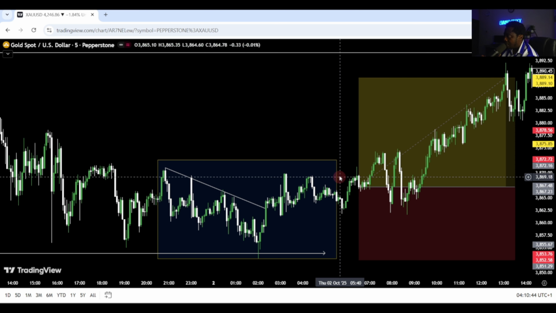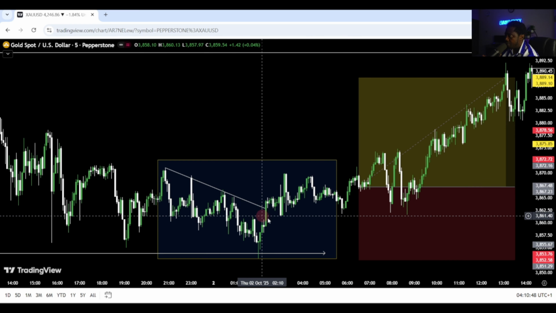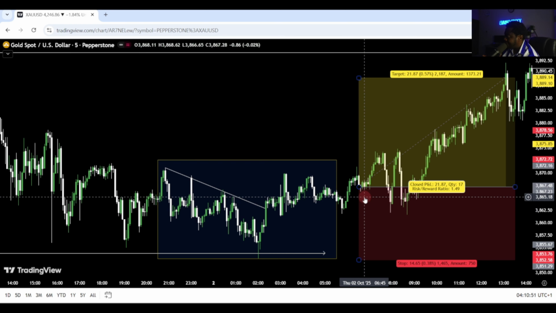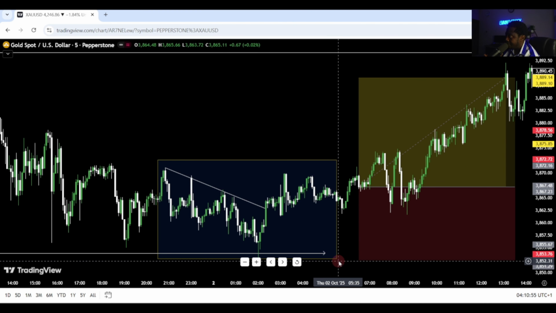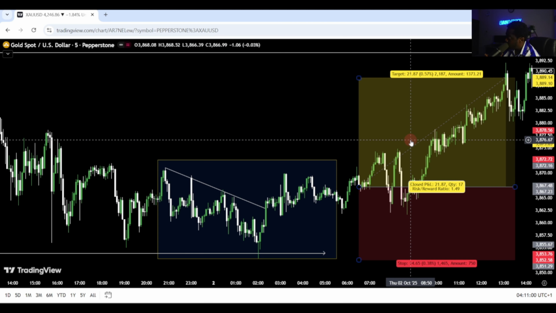So London opened here. Upon seeing all this information, what I needed to do was just to buy and put my stop loss at the Asia low, and I made over 200 pips.